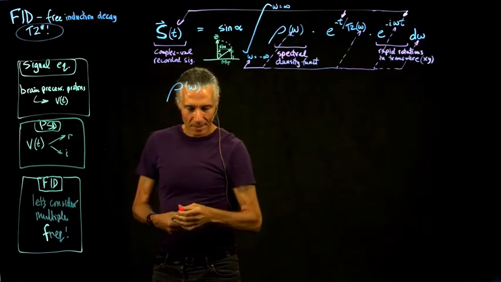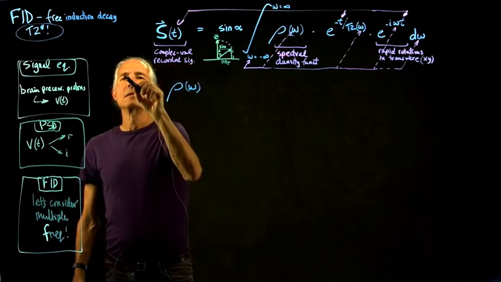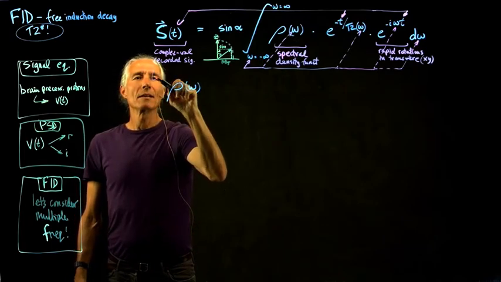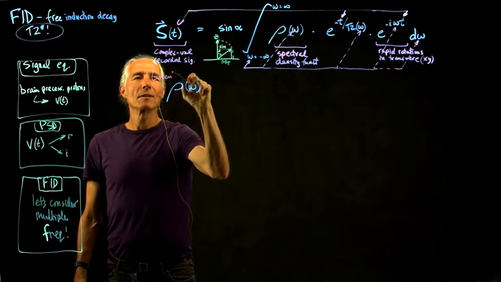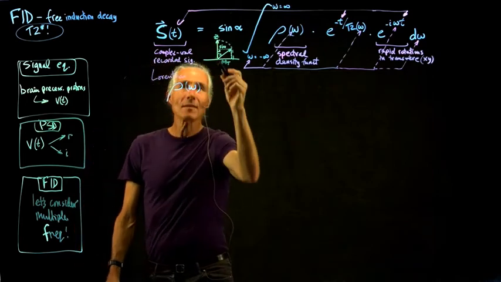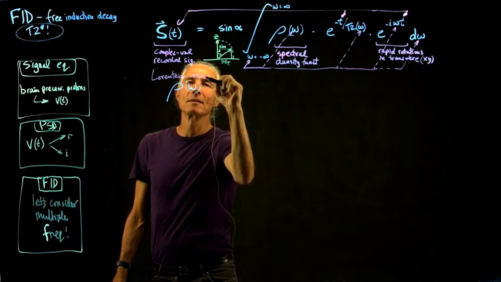This is called a Lorentzian inhomogeneity, or Lorentzian distribution.